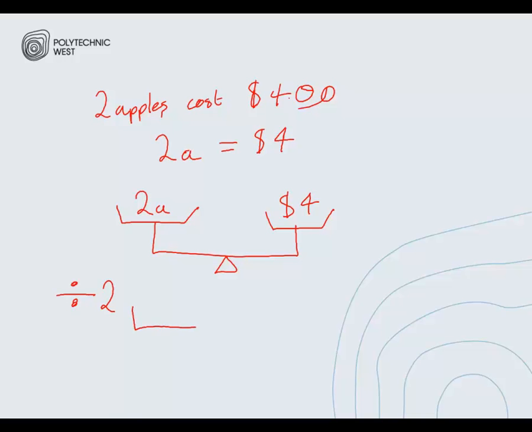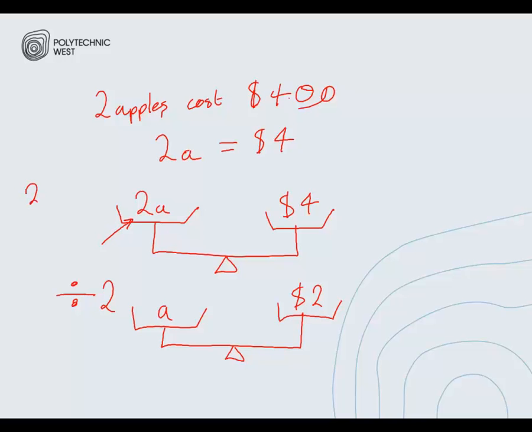If I divide both sides by 2, I end up with just 1 apple over there, because 2 apples divided by 2 is 1 apple. And dividing 4 by 2 gives me 2. Whatever I've done on one side, I do on the other. I chose to divide by 2 because I want to get apple all by itself, so I want to get rid of the 2. This 2 at the moment is multiplying.